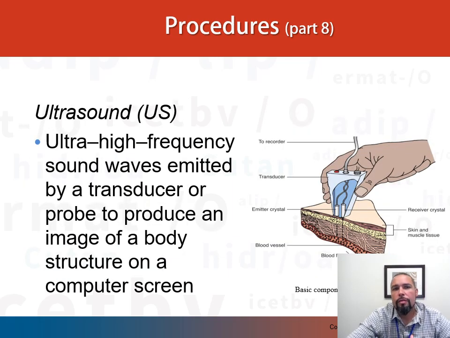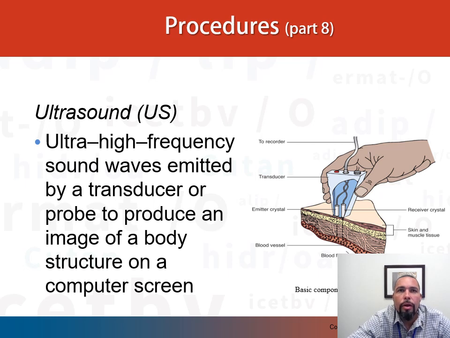Another procedure we can talk about is the ultrasound. Ultrasound uses high frequency sound waves that are emitted by a transducer or a probe to produce an image of a body structure on a computer screen. Some of you might wonder, why use the ultrasound when we have x-rays? Well, x-rays produce radiation, ultrasounds not so much.